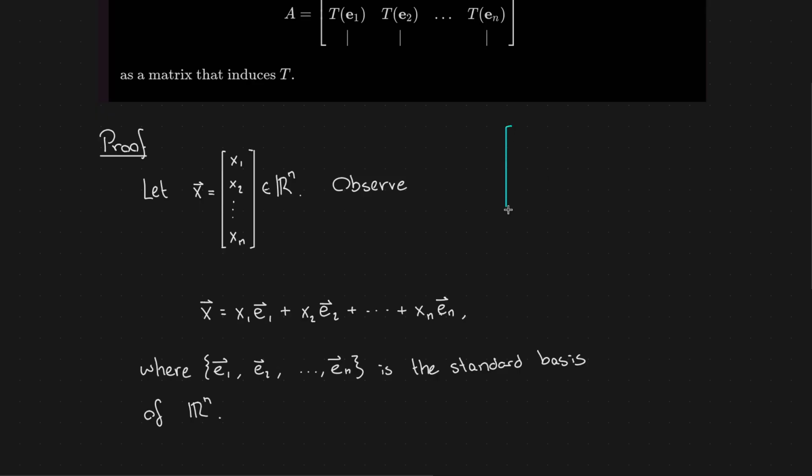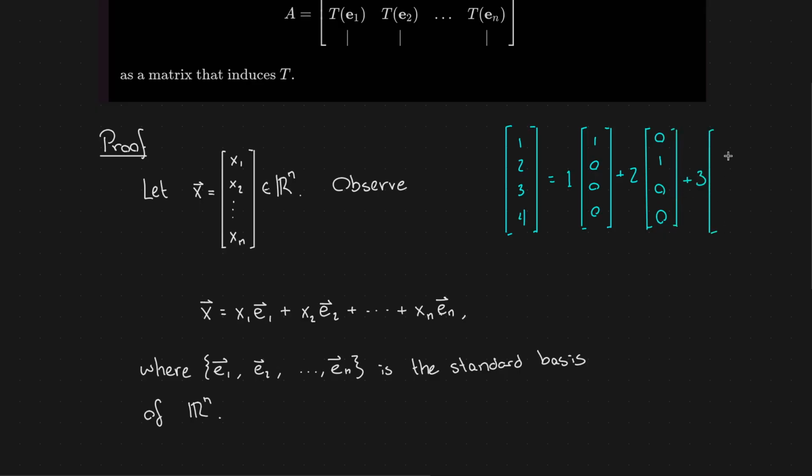So for example, if I have the vector 1, 2, 3, 4, that's 1 times the vector 1, 0, 0, 0 plus 2 times vector 0, 1, 0, 0 plus 3 times vector 0, 0, 1, 0 plus 4 times vector 0, 0, 0, 1.